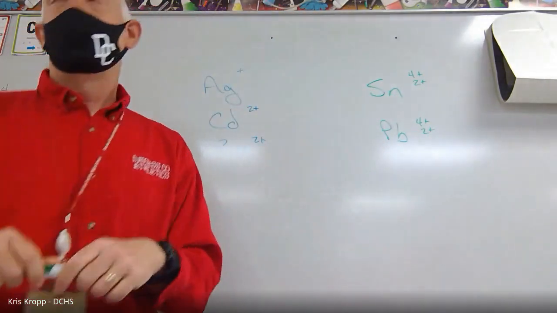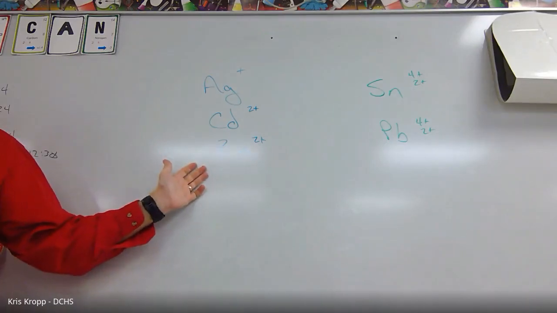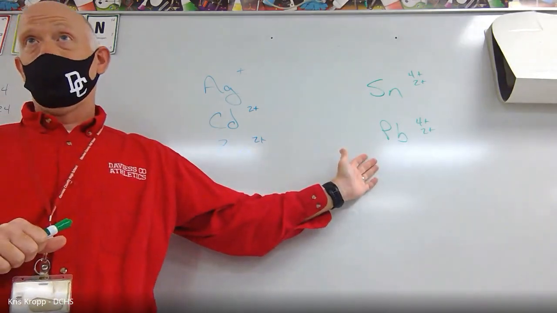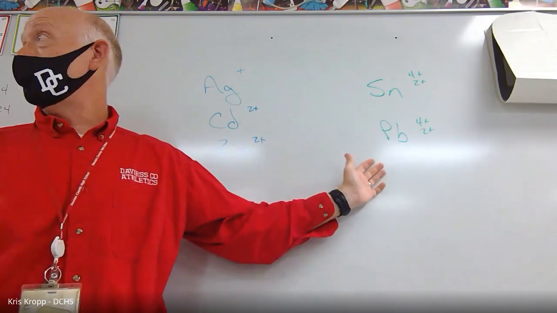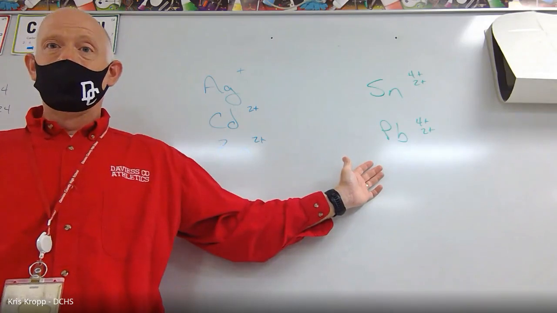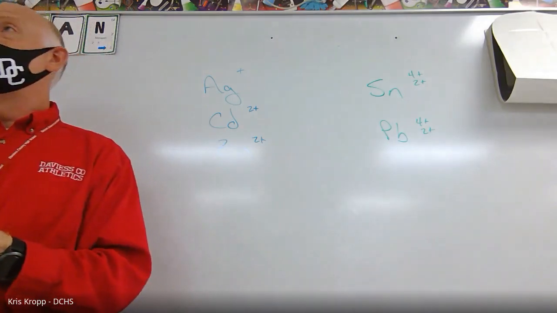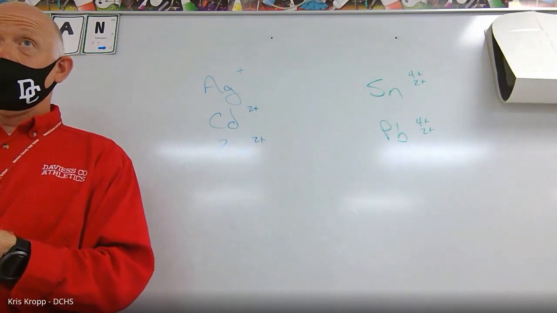Okay, so don't just memorize these 3 elements, memorize these 2 as well, because they are the only main block elements that we'll deal with in my class where you have to have a Roman numeral with them, okay?